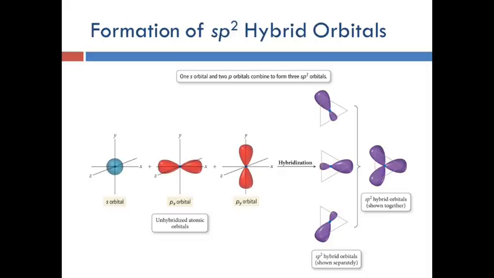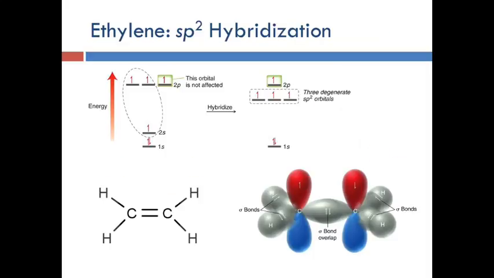sp2 hybrid orbitals, we're going to take the s and two p orbitals, and again we're going to get sort of this drumstick shape, but the orientation is different because there's three of them. So these are going to form a planar triangle, trigonal planar. This is what happens with ethylene. 1 s and 2 p form 3 sp2 hybrid orbitals.